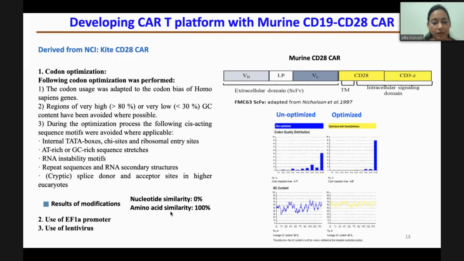The amino acid similarity of this CD19 CD28 CAR is 100%, but the nucleotide similarity is 0%. The major aim was to develop the entire protocol from scratch, from designing to functional validation. So we took this CAR construct from the NCI and did some modification.